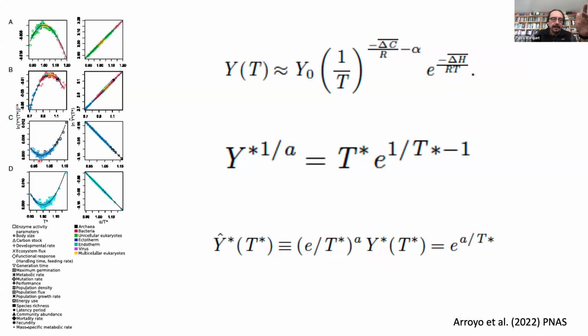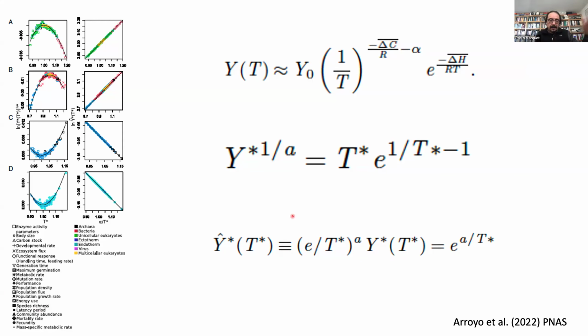Not going to go into much detail here, but you can see that there is this data collapse where there is some very universal way of things that are happening here, and we can put all these different things, I don't know if you can read this, from enzyme activity to energy use, species richness, mortality rate, fecundity, for different kinds of organisms. And you can apply this to understand a little bit of the dynamics of how fast these rates go.